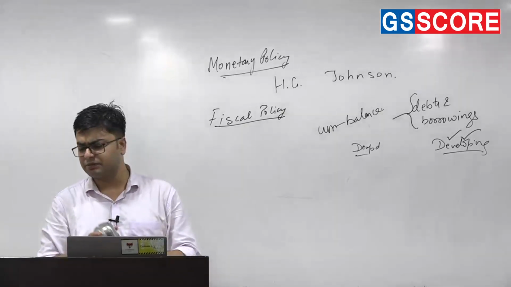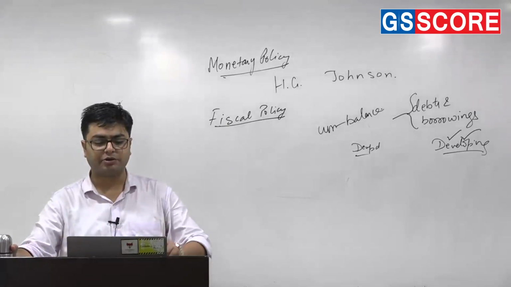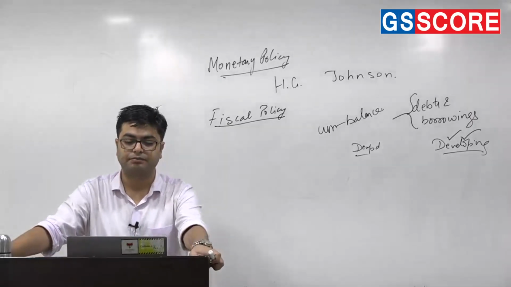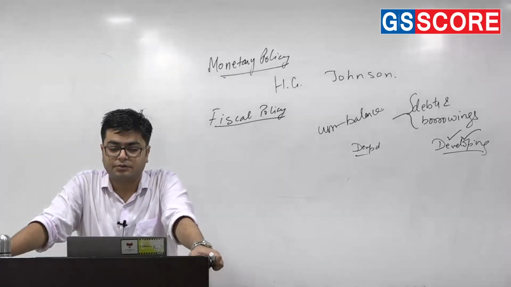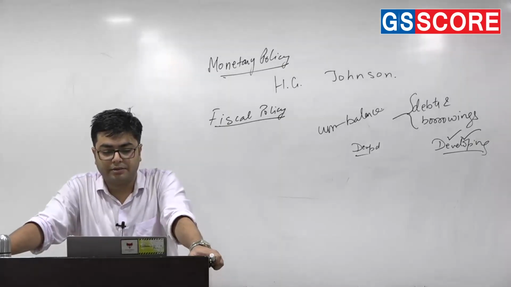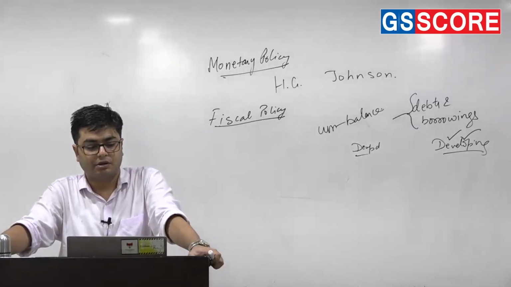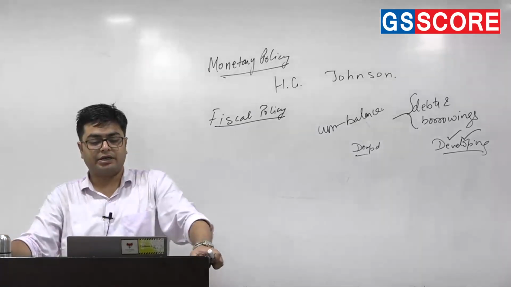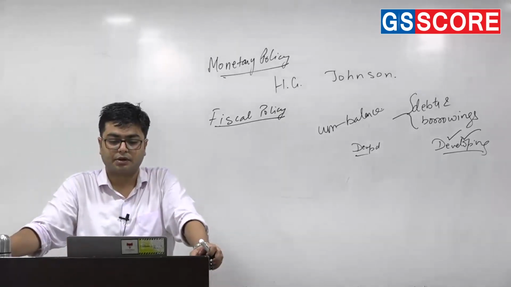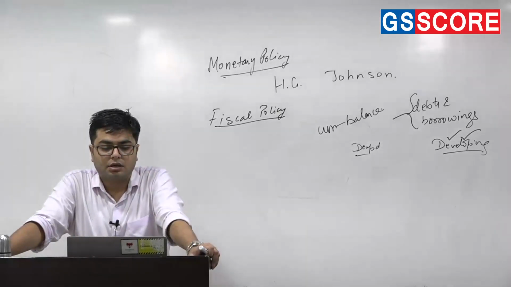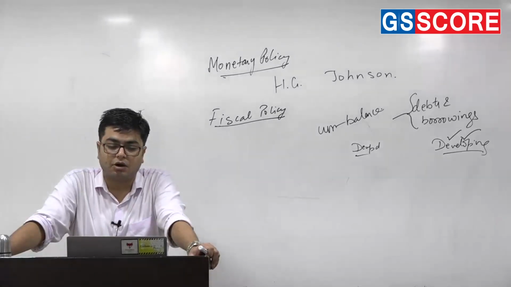Reproductive will be that you are using the debt to produce capital assets. Unproductive debt is something that is used to cover the deficits which are already there.